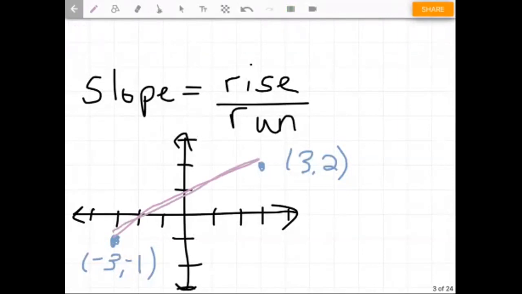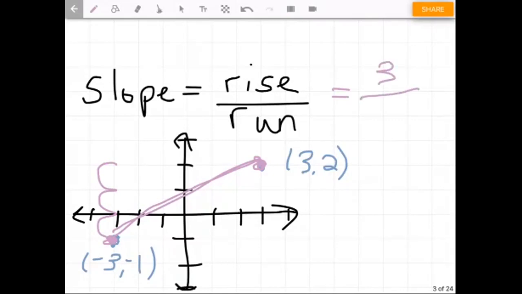In order to do that, if we use the definition of rise over run, we start at our left-hand point, which is at -3, -1, and we want to see how we get to the other point. Do we go up or down? Obviously we go up. Counting, 1, 2, 3, so we go up 3. Since we're going up, our rise is 3.